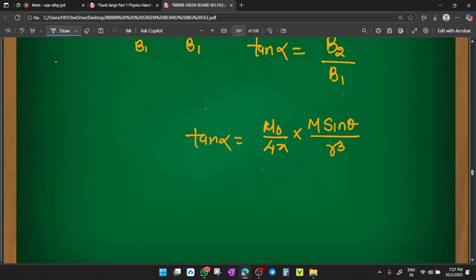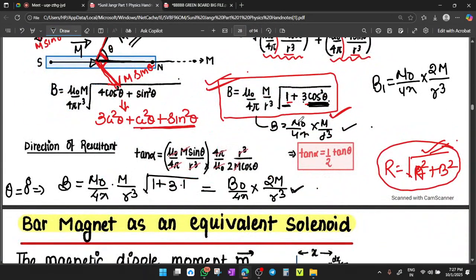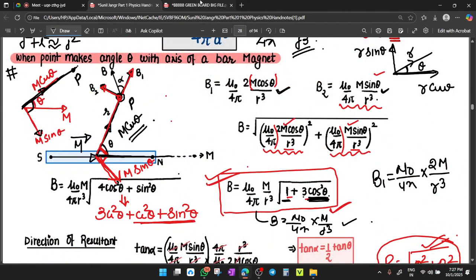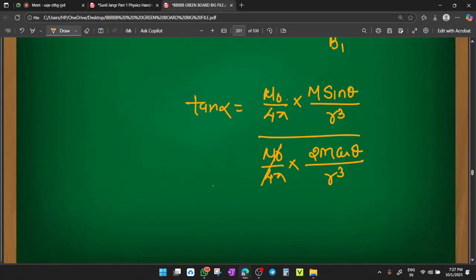And B1 equals mu naught upon 4 pi times 2m cos theta by r cube. Let us check again: 2m cos theta by r cube. Exactly. So now mu naught upon 4 pi cancels out, r cube and r cube cancel, and m cancels.